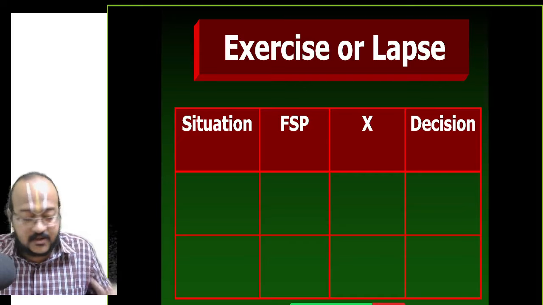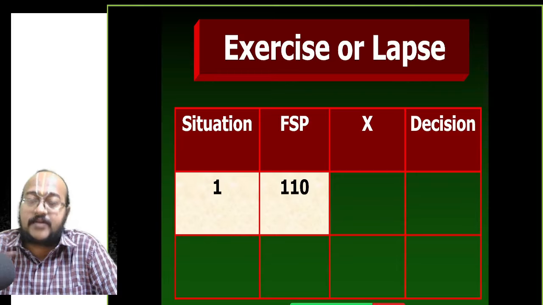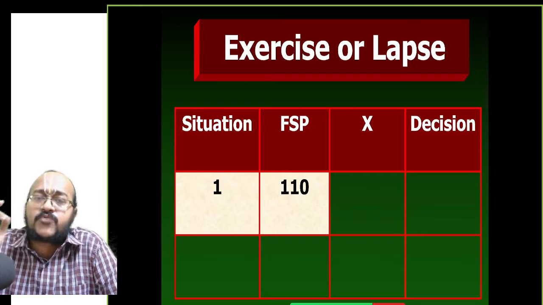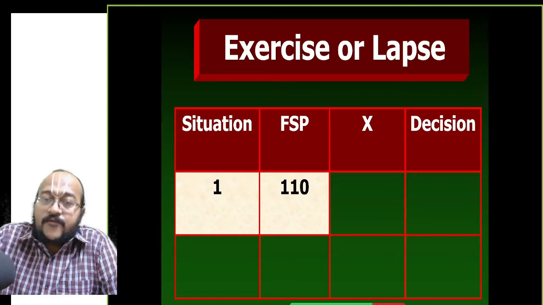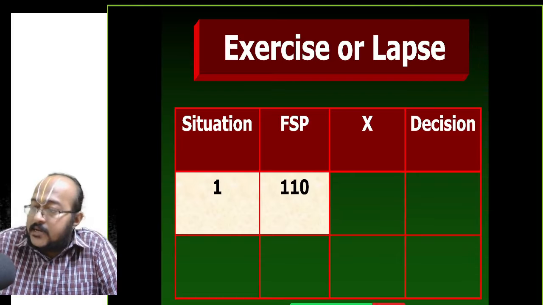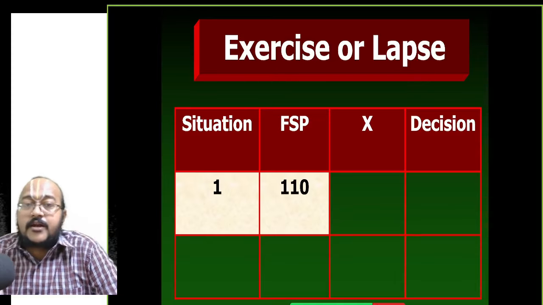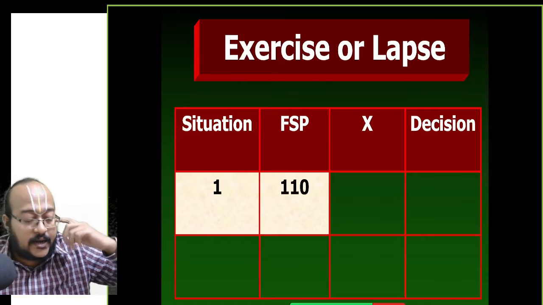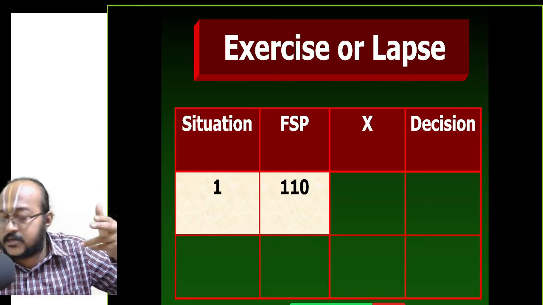See, situation number 1. What is happening? FSP is 110. FSP, future spot price, means on the date of maturity, after 3 months, you see that the share price has jumped from today's 75 to 110. Now, whether you have an obligation or an option, you have a right.